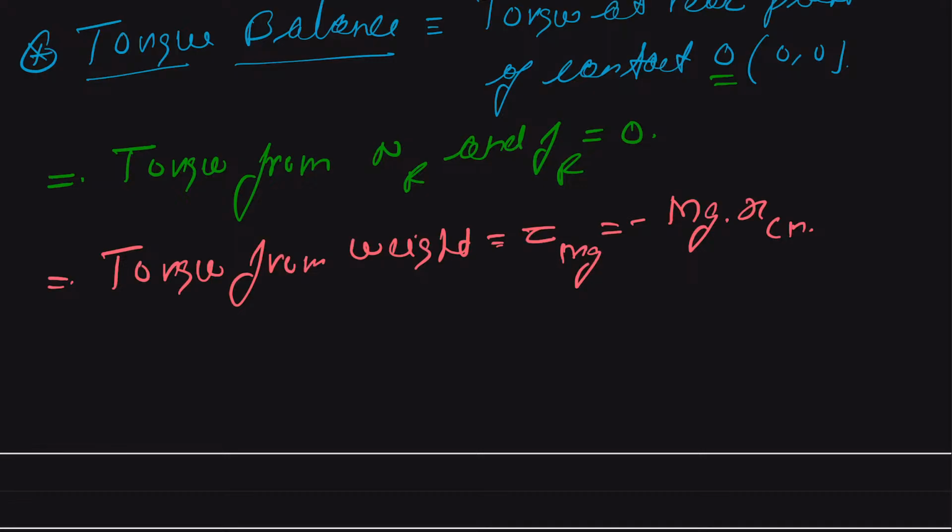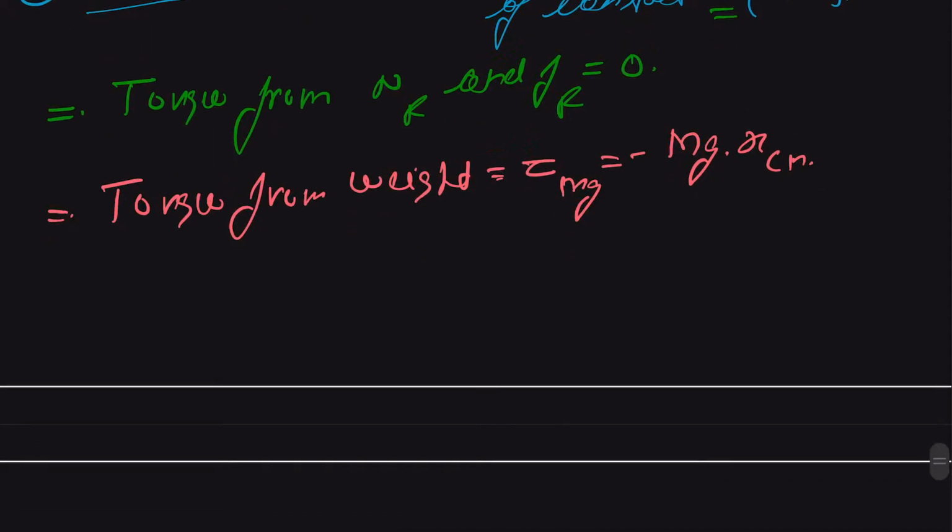And then we have the torque due to our front normal, torque from NF, let us call this tau f, and that will be equal to our normal multiplied by our length, that is our lever arm.